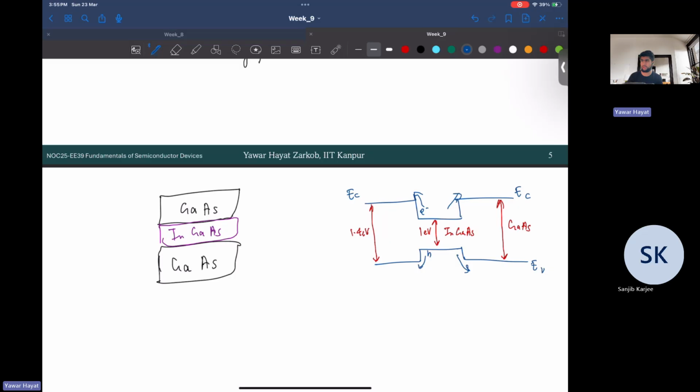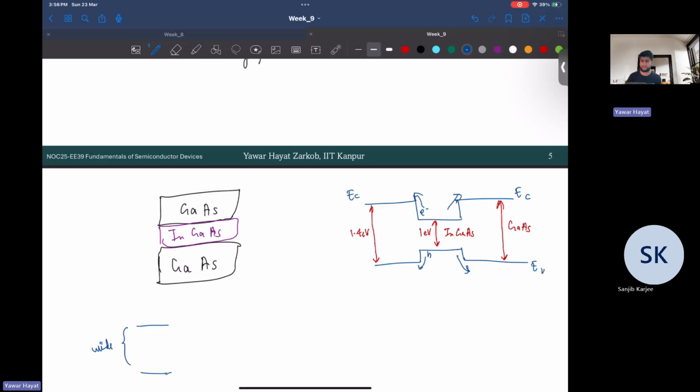Let me quickly draw the straddling band alignment. In straddling band alignment, which corresponds to case 1, this is your wide band gap material, and this is your narrow band gap material. So this is the straddling structure. This is the heterojunction. This is your type 1, which is straddling band alignment.